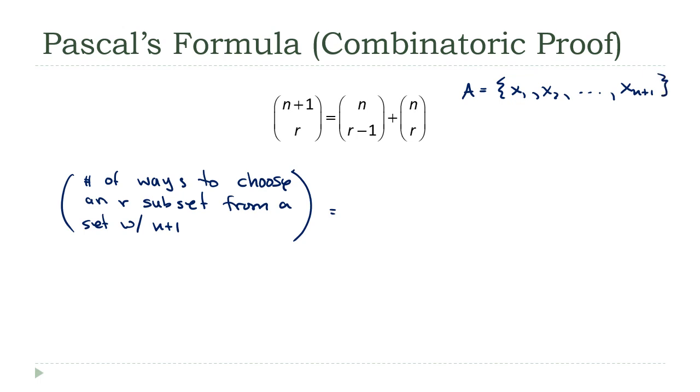Now I'm going to split this set up into two parts. A set A sub n, which has the first n elements, and another set. What are we going to call this? Let's call it A sub 1. And this is a set that just has that last one.